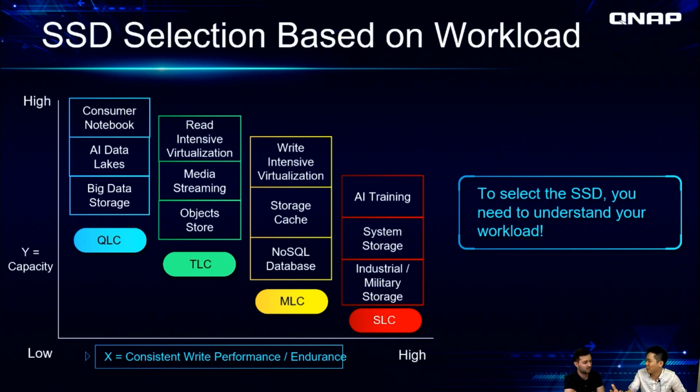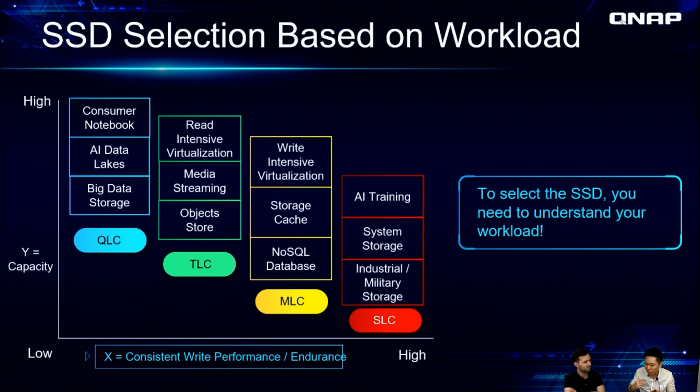What does this mean? This means that you have so much data, and you need to find somewhere to store it for the computer to continue to read it and use it to train your AI model. That's what AI data lake means. But for AI training, you not only need to read that data, you also need to write the results into your algorithm.